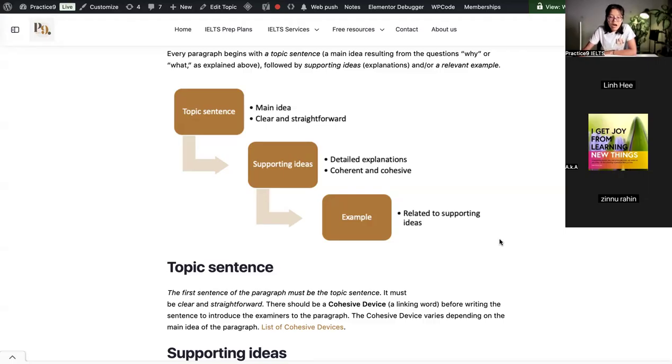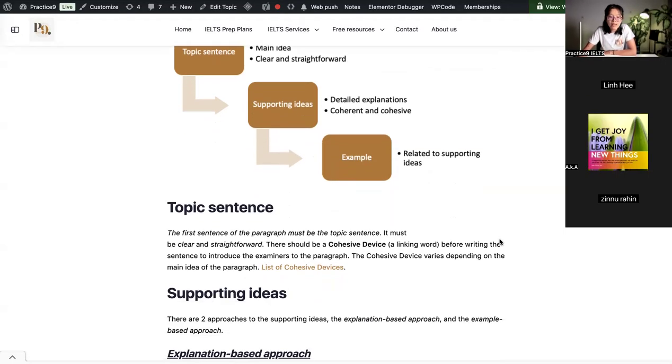Thank you. So we go back to the structure of the body paragraph very quickly. I have two different ways to approach structuring a body paragraph, and I don't think we have enough time to talk about everything.